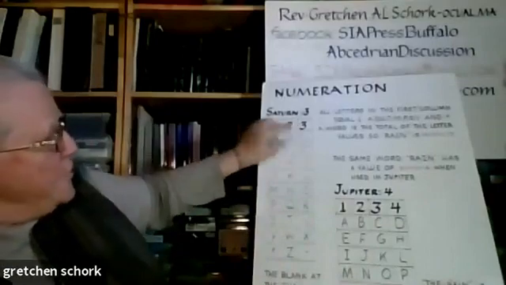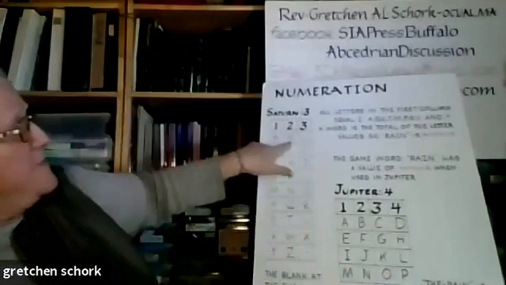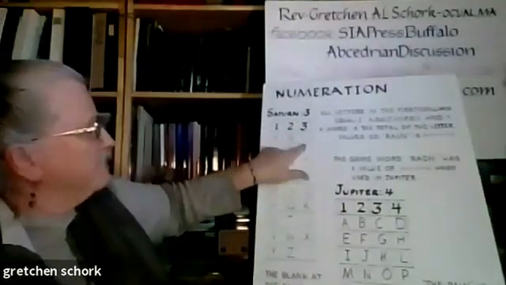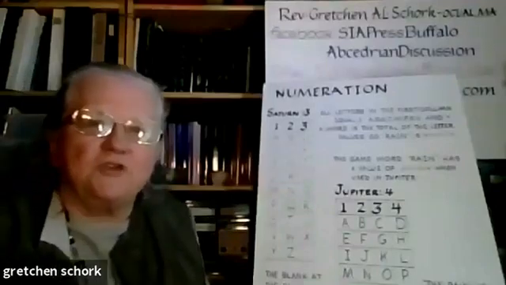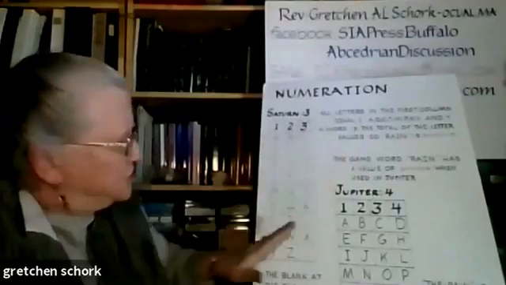So with Saturn, we had 3 across. With Jupiter, we had 4 across. A, B, and C are always going to be numbered 1, 2, and 3. But after that, the numbers all shift. And the reason they shift is because the number of columns shifts.